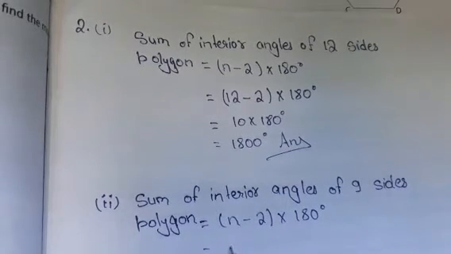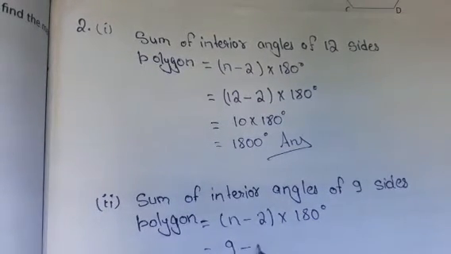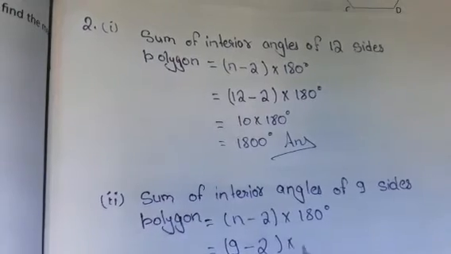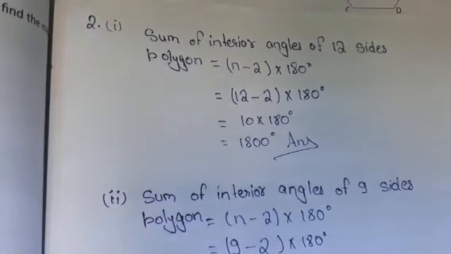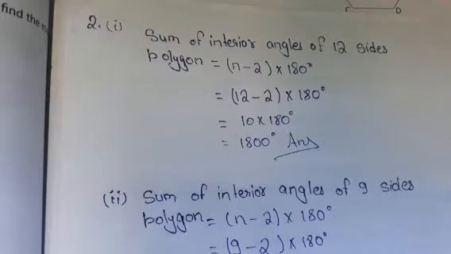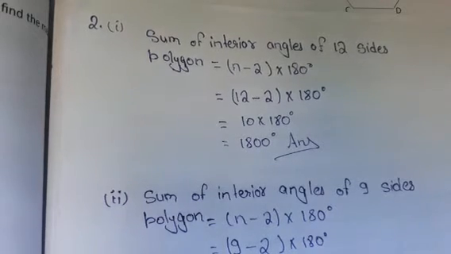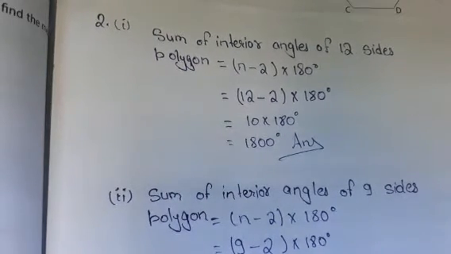Number of sides is 9, 9 minus 2 is 7, into 180 degrees. Now multiply it.